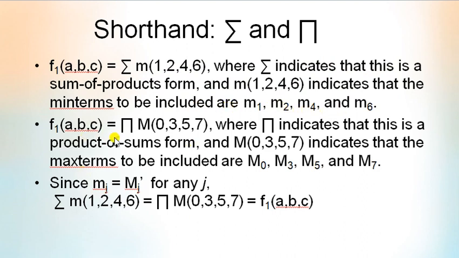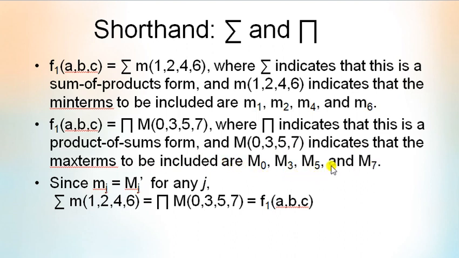Likewise, F of ABC is equal to product of capital M of 0, 3, 5, 7. That means it indicates this is the product of sums form, and M of 0, 3, 5, 7 indicates that the max terms to be included are M0, M3, M5, M7.